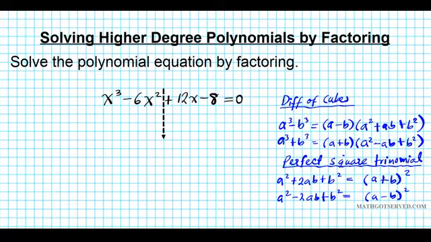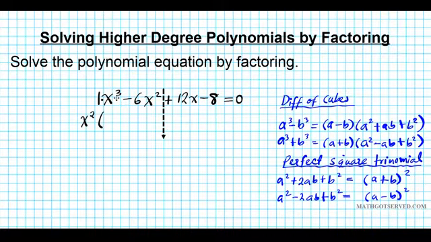Now I'm going to factor out the GCF from the first two. X to the third minus 6x squared, the GCF of 1 and 6 is 1, of course. And the GCF of x to the third and x squared is x squared. You pick the lower of the two exponents. So you have x squared times, now if you factor out a GCF, it's as though you're dividing these terms by the GCF.